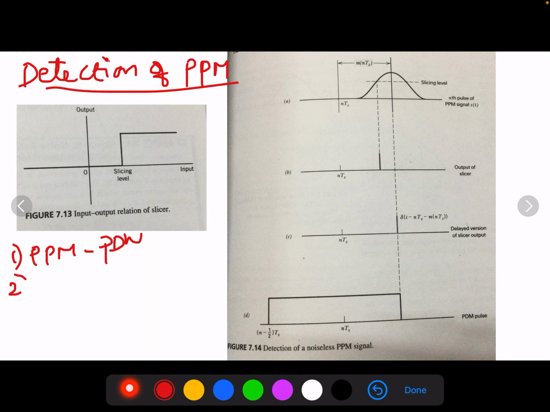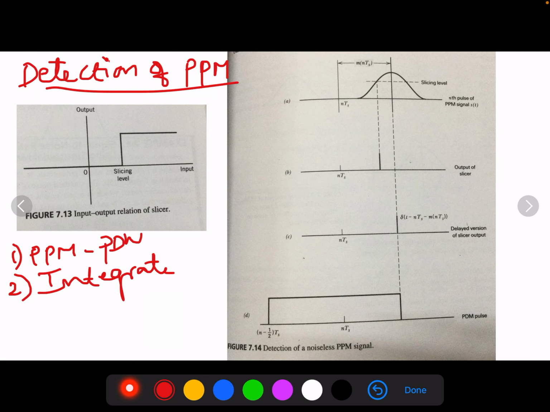Second method is integrate it. Integrate this PDM wave using a device with a finite integration time, thereby computing the area under each pulse of the PDM wave. So this is the second step.